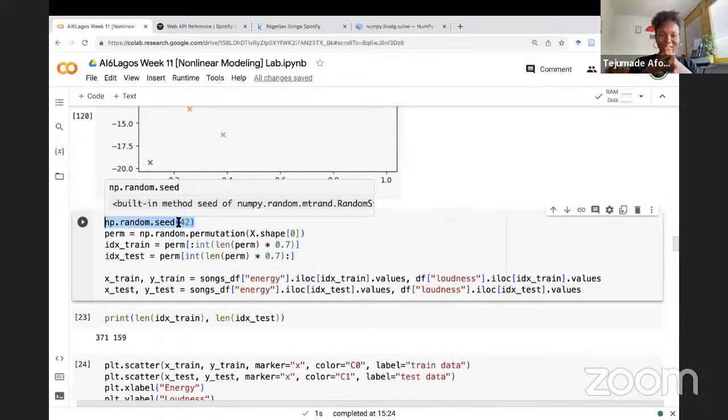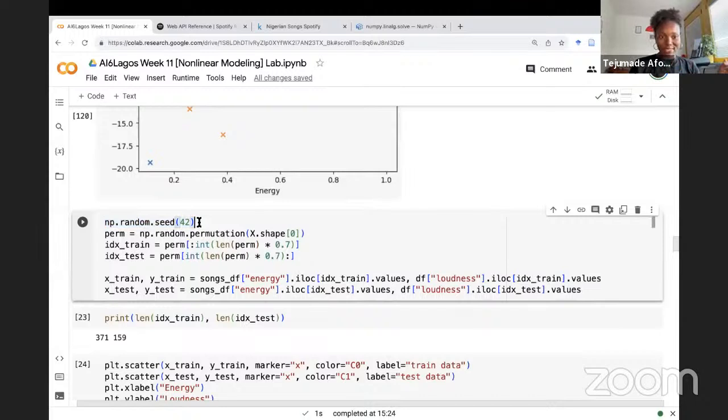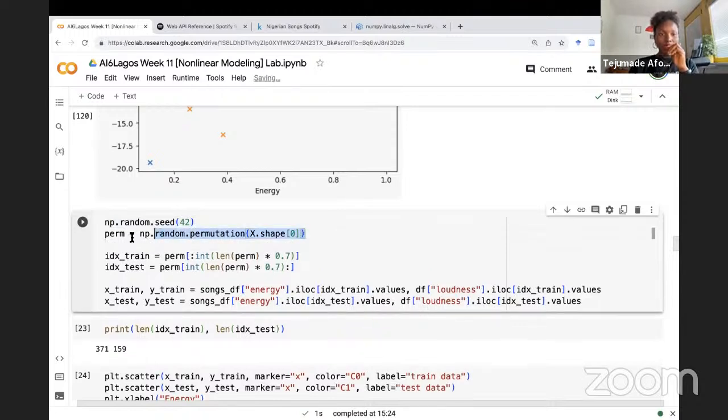Otherwise, if I don't have the seed, the subset I get here will be different from what you get, depending on whichever hardware you run it on, because you'll be using different kinds of seeds. But if we all fix it, we can use the same seed to generate this randomness.